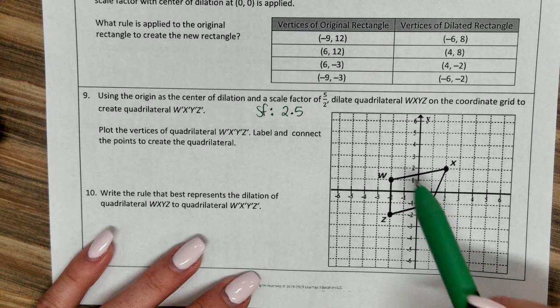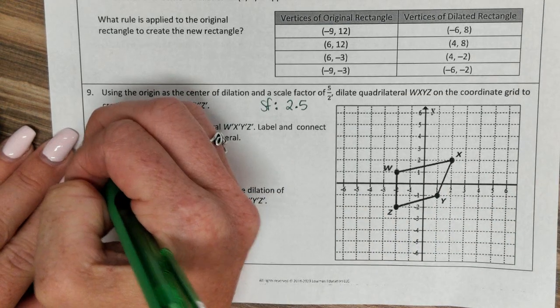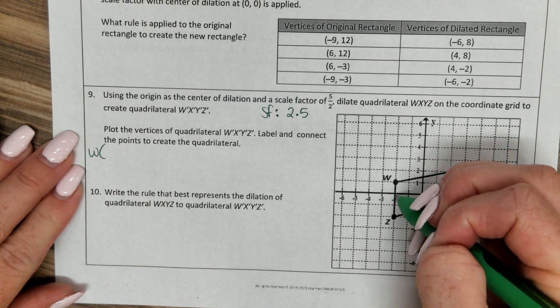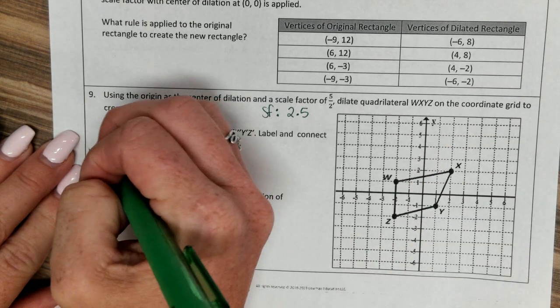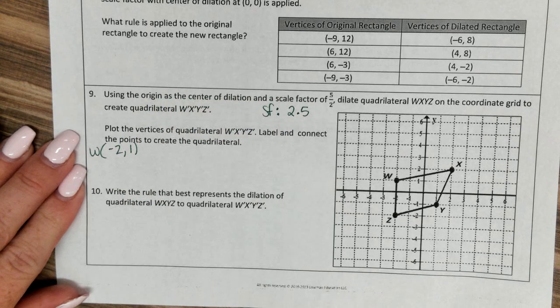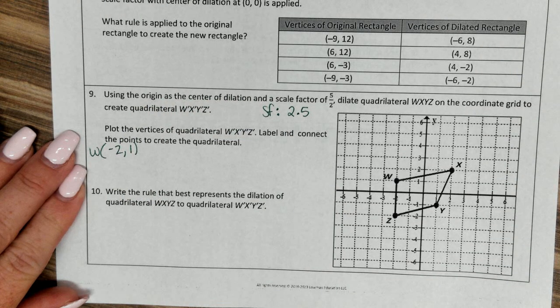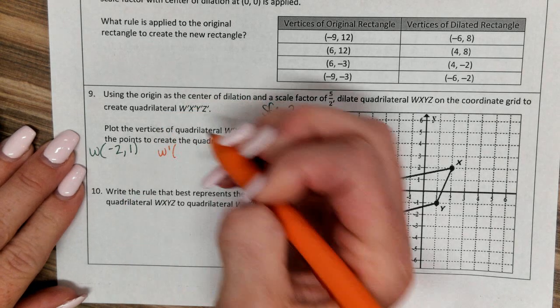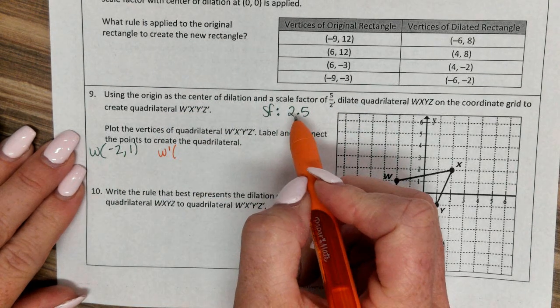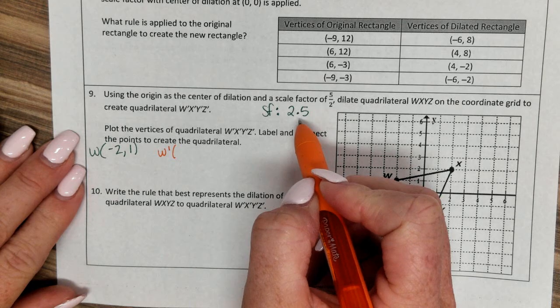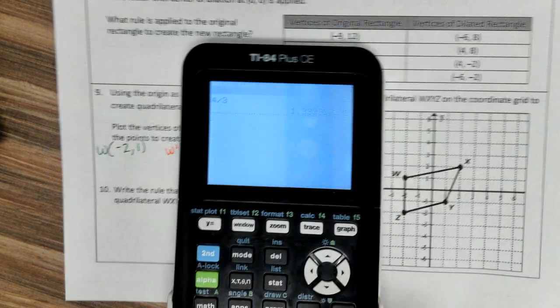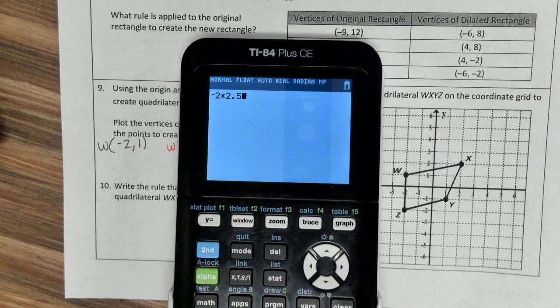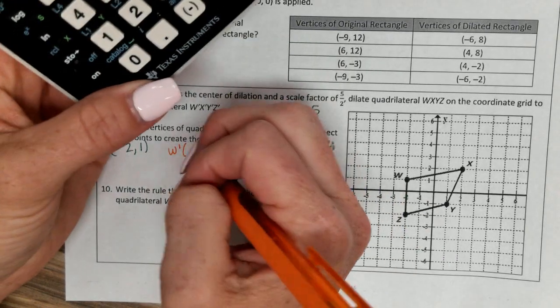Do y'all agree? So what is the old W at? -2, comma, 1. Do y'all see how I got that? To get the new W, I'm going to multiply that by 2.5. So I say, well, what is -2 times 2.5? It is -5.